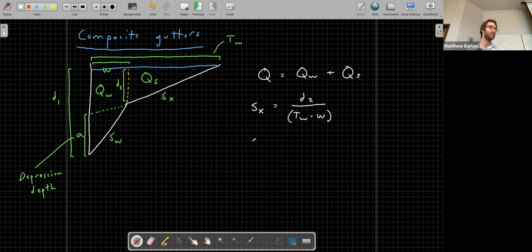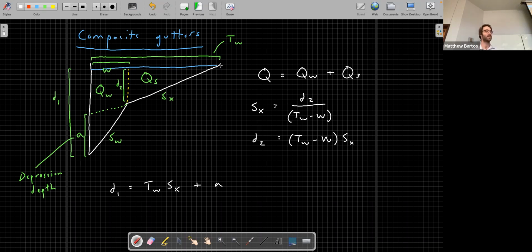And from that, we get that D2 is equal to TW minus W times the shallower slope S sub X. Similarly, we can make a similar argument to find the depth D1. So D1 will be equal to the spread times the shallower slope plus the depression depth.